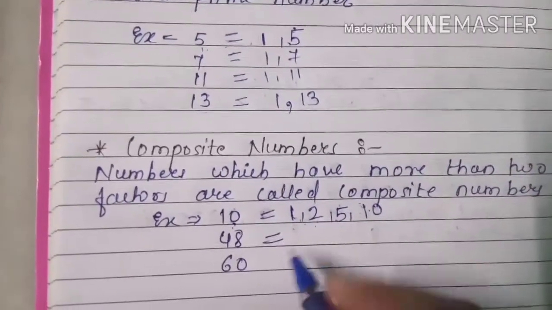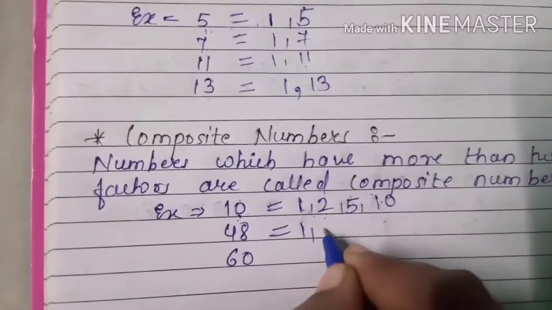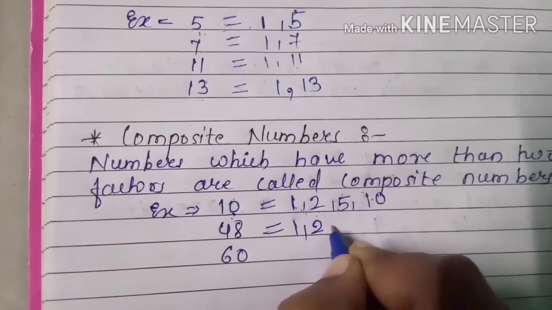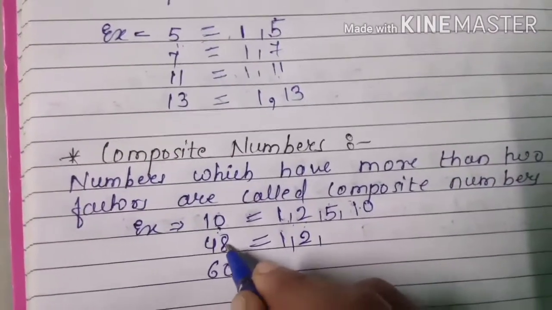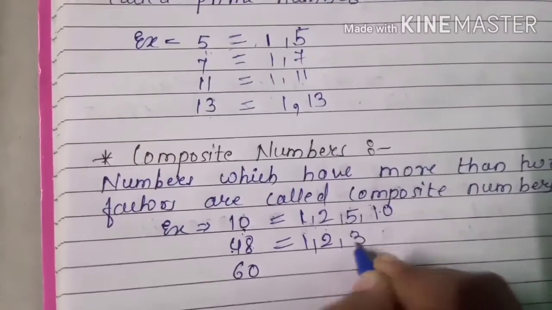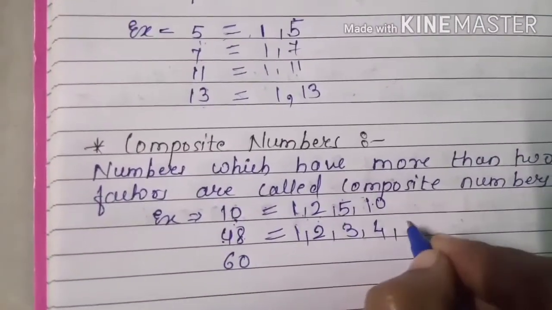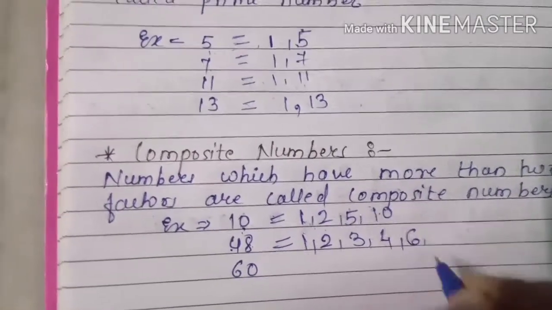Second one is 48. So see here, 1 is a factor of 48. Then again it is divisible by 2. Then 8 plus 4 is 12, and 12 is also divisible by 3. Then it is also divisible by 4. Then it is present in the 6th table also.